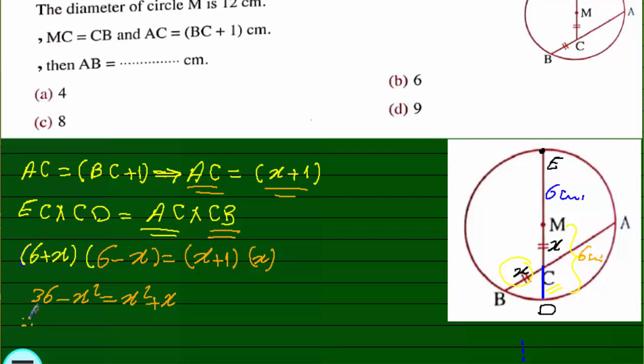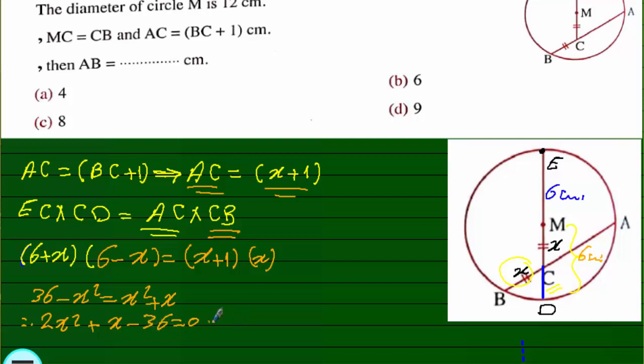We have 2x square plus x minus 36 equals 0. Negative x plus x. Here it will be positive. 2x square plus x minus 36 equals 0.